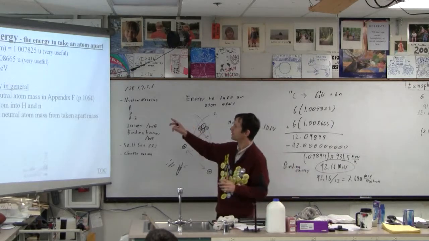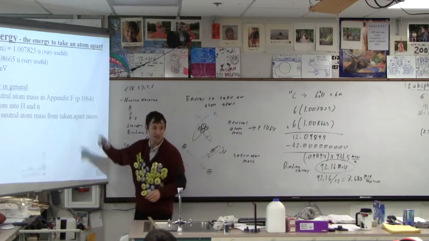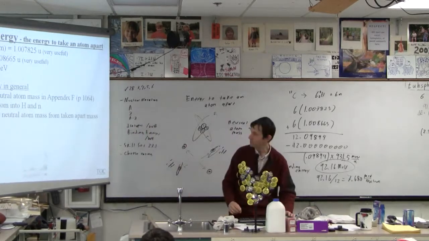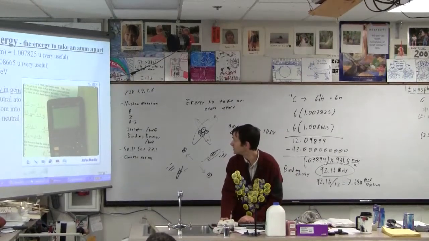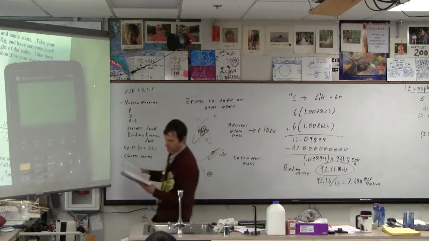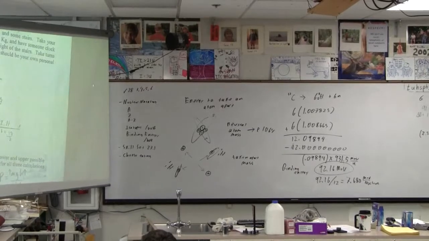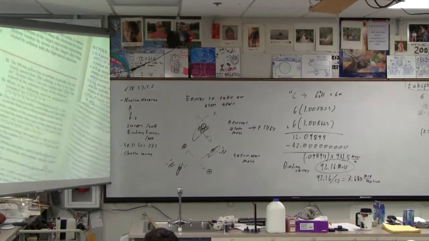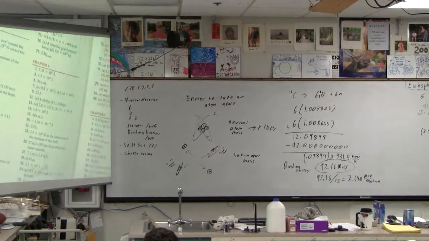Let me show you one last thing here. Look up the neutral atoms on page 1064, where you will find the table of selected isotopes. At home, if you want to get the answers that they have in the book, you better use their masses, which are frozen in time in 1997 or something like that.